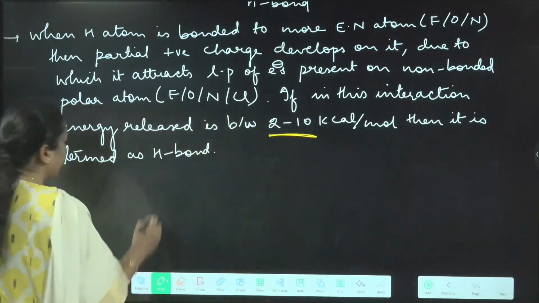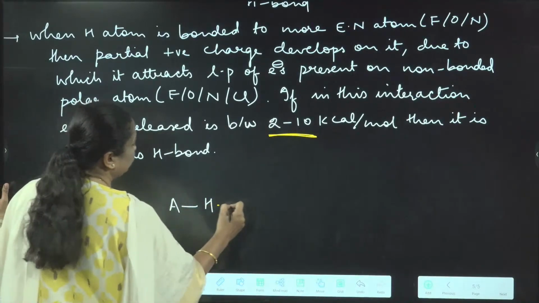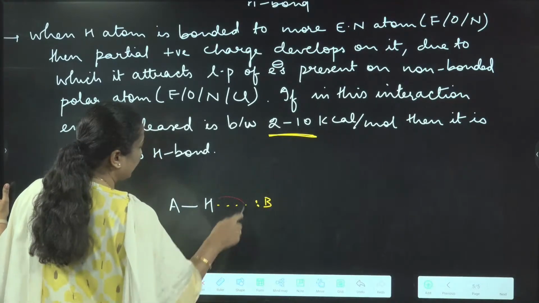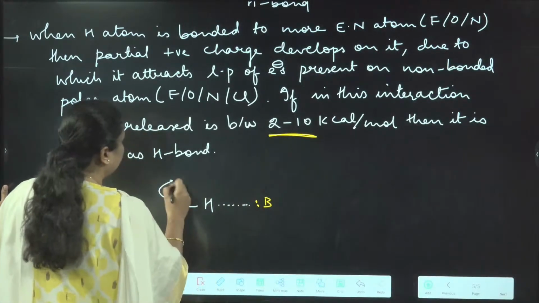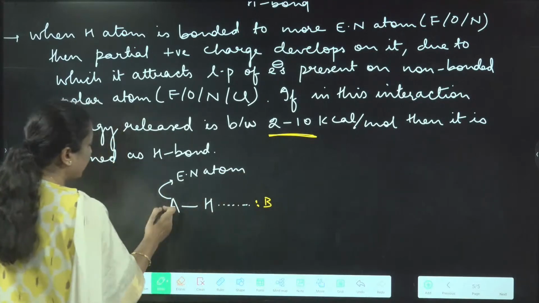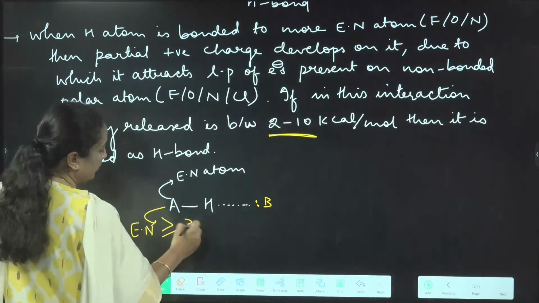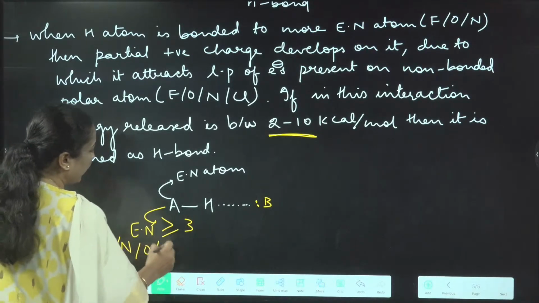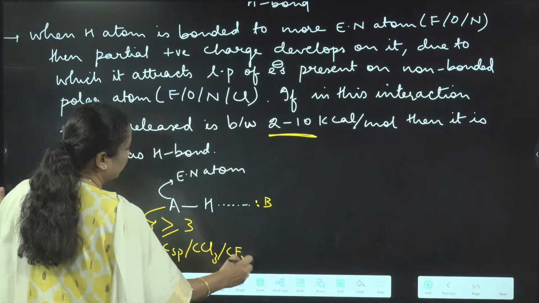So here I am writing, you should have AH. A is telling you that it is an electronegative atom. For this, what is the requirement? Its electronegativity has to be greater than or equal to 3. You can have here nitrogen, fluorine, oxygen, sp hybridized carbon. You can have CCl3, you can have CF3 like that.